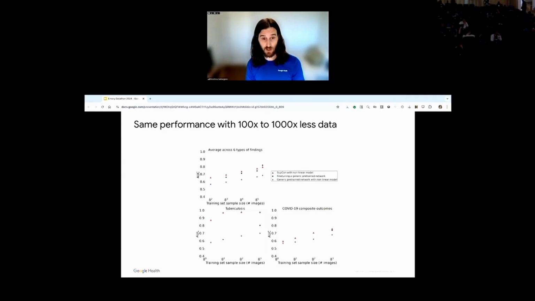I'll try to run through these since I'm a little short on time now, but one thing to point out here is that we get the same performance with several orders of magnitude less data. Up here on the top, you can see that across 6 types of chest X-ray findings, the black line is fine-tuning a whole network. So let's say you wanted to start from scratch or from ImageNet and train a model on chest X-ray.